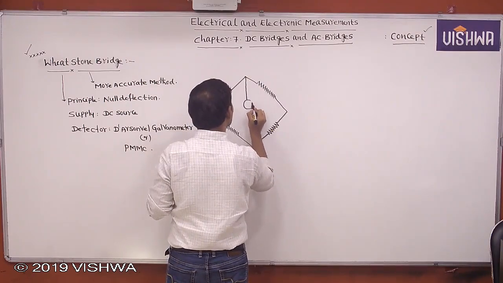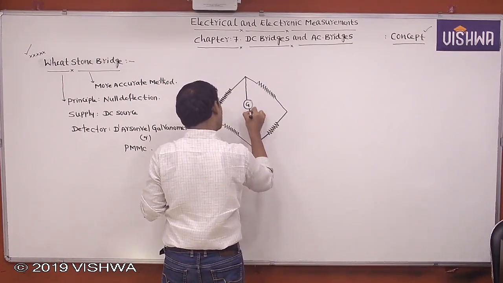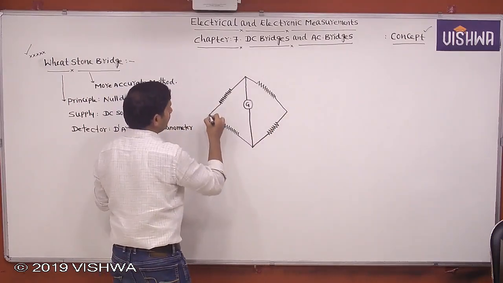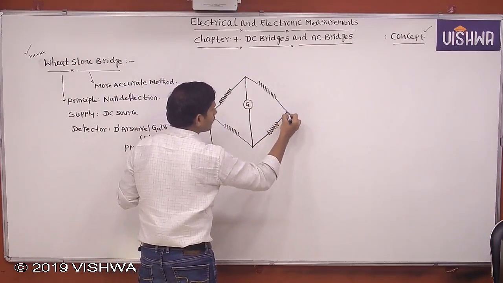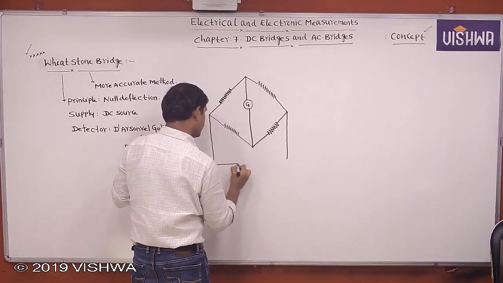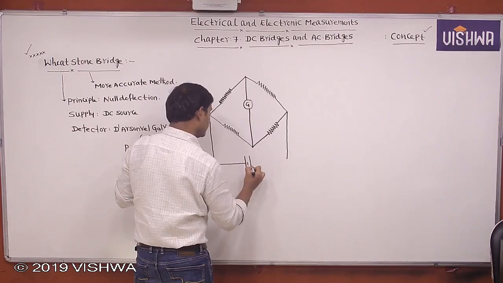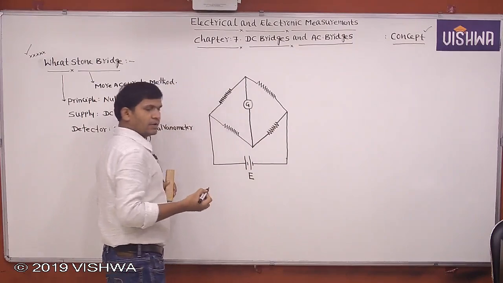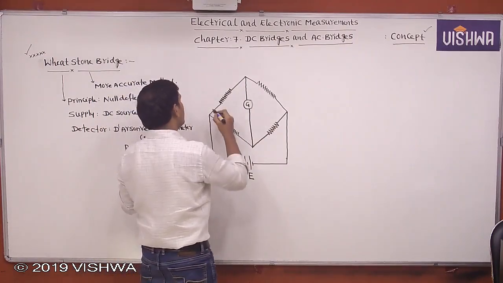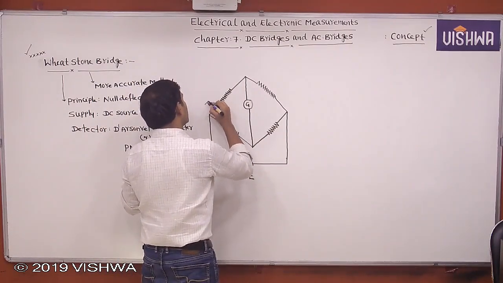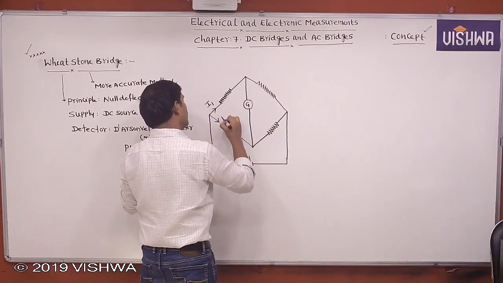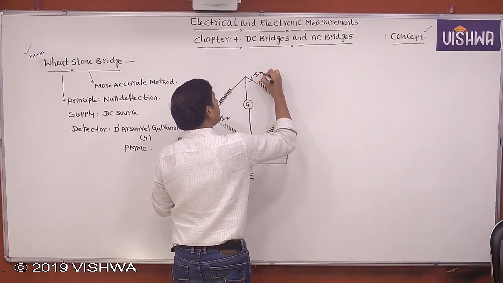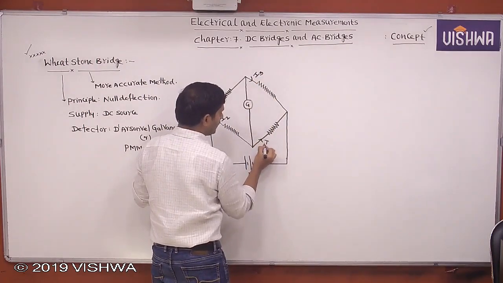Here we are using a galvanometer to identify the balance condition. The supply is a DC source. This is the battery voltage. Let this current be I1 and this current be I2, this current I3 and this one I4.